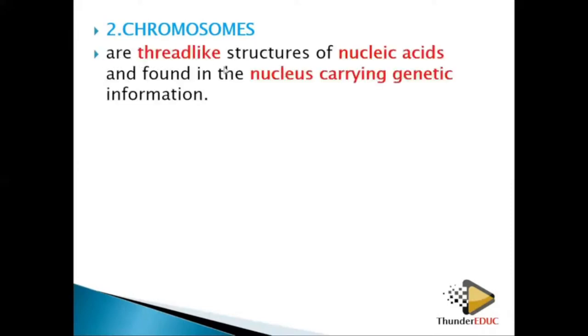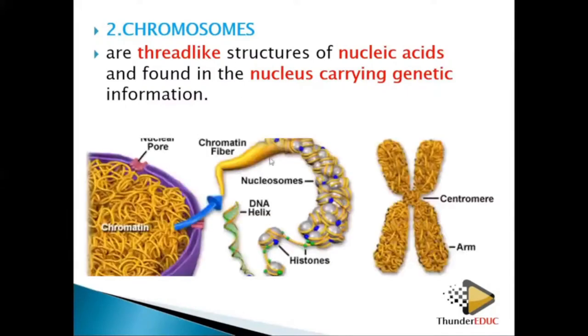So we are saying that chromosomes are thread-like structures of nucleic acids found in the nucleus carrying genetic information. They are like threads crossing each other, and they carry what is called the genetic material. You look like your father because of the genes your father gave you. If you look at this structure, you might think that these are noodles or spaghetti.